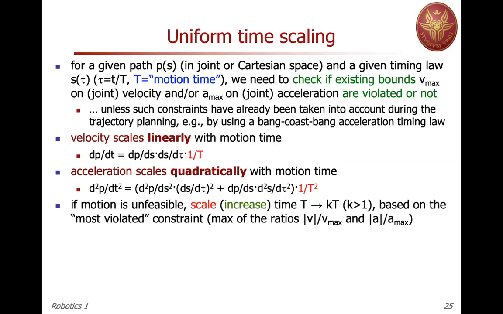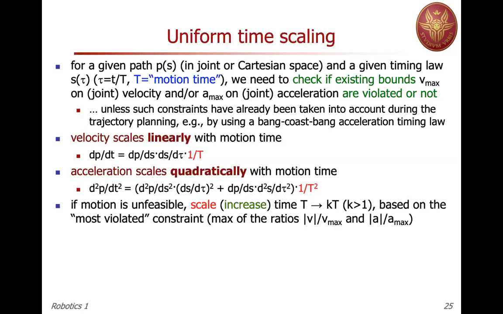So if the motion is unfeasible to start with, so the trajectory that you have planned, then you want to scale time, in fact, increase time. So move from capital T, the original total motion time, to k times T with k larger than 1. And this k will be dictated by the most violated constraint.